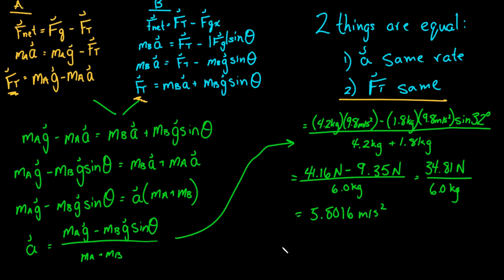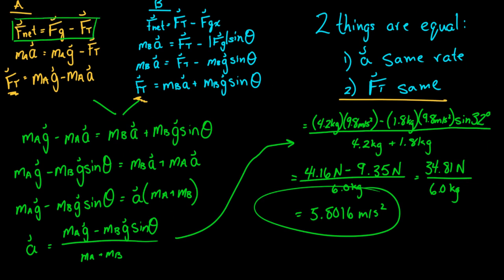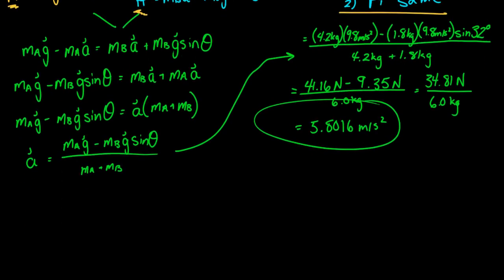Okay, so there's the first part. We know our rate of acceleration now is that. Now to solve for the force of tension, I'm simply just going to plug it back into one of these formulas. Okay, this one's probably the easiest to deal with because we don't have any components. So I'm going to plug it back into that one to solve for the force of tension.